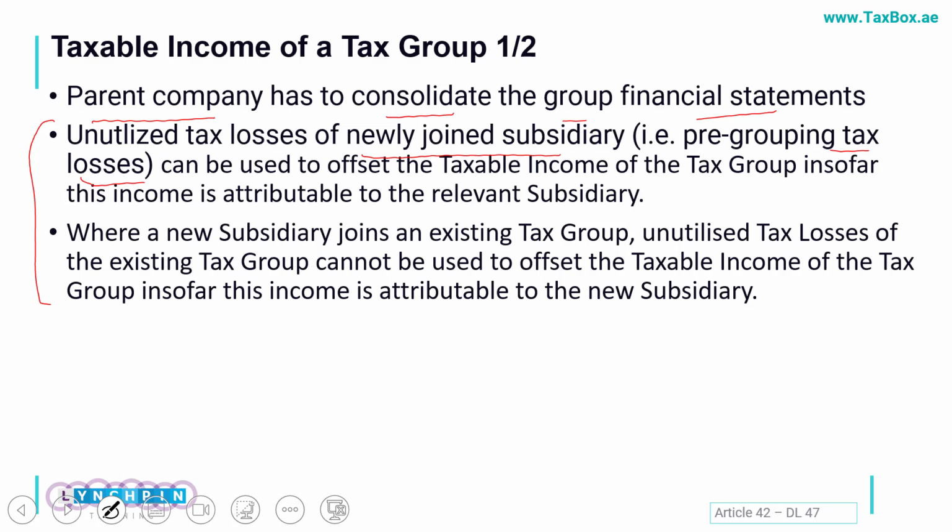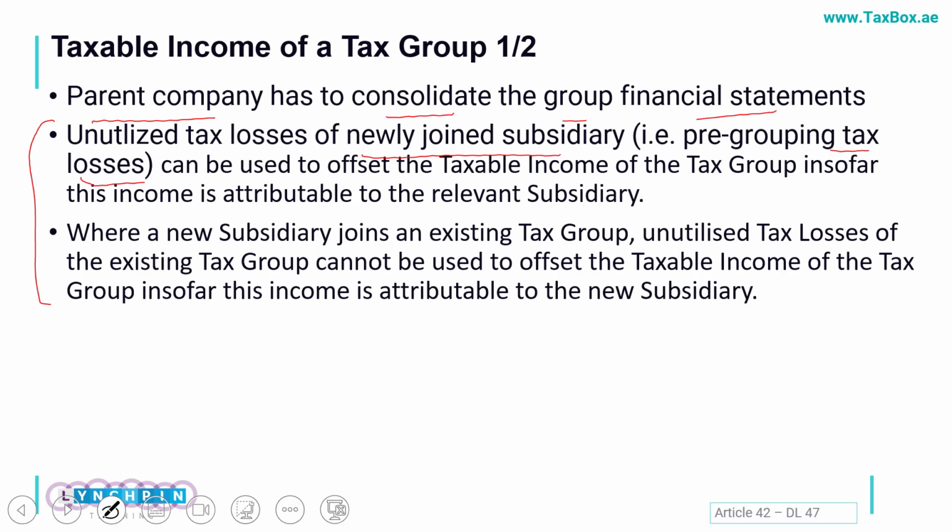And also, if there are any pre-grouping tax losses of that incoming subsidiary, they can only be offset against its income when it has been added into the tax group.